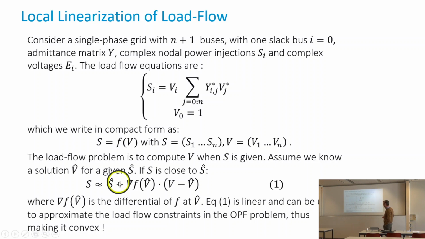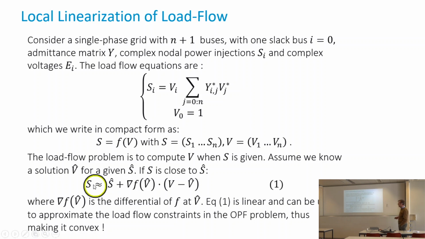It's multidimensional. V is a vector, S is a vector. V has the same number of dimensions as S. So gradient of F is in fact a square matrix. Right? It's also called the Jacobian matrix, or the differential of F. Right? Now once we have done that, and once V hat is fixed, then we have a linear problem.